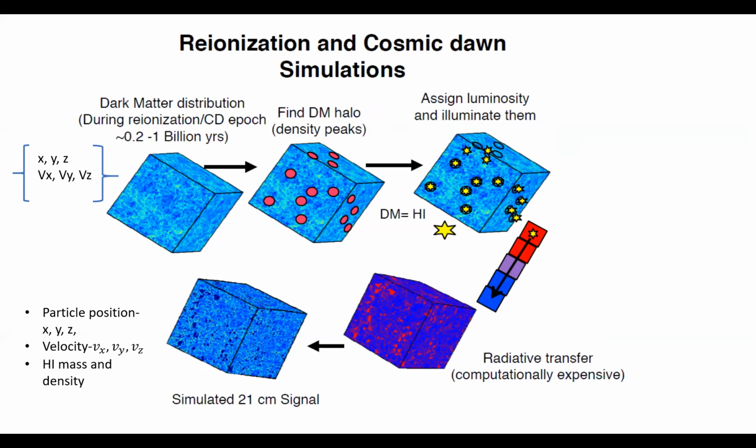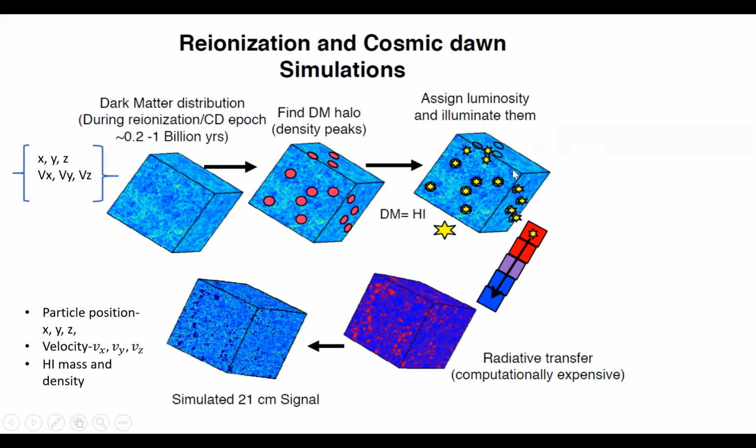So basically it will emit UV radiation, X-ray radiation, and all kinds of radiation. The ionizing radiation, that is photons with energy above 13.6 electron volts, will escape the halo environment and enter into the intergalactic medium. And then they will start ionizing the neutral hydrogen and also helium. So that's how reionization starts.